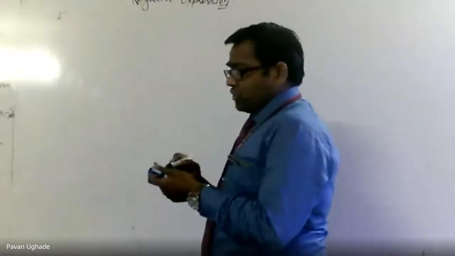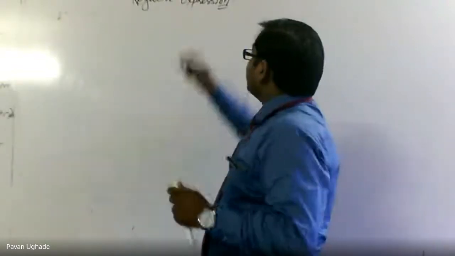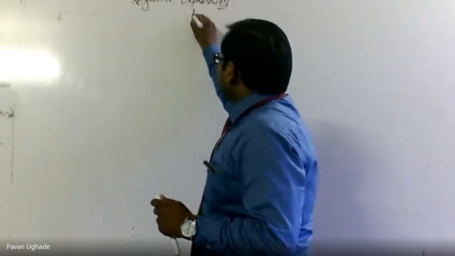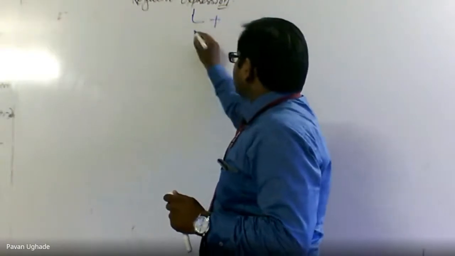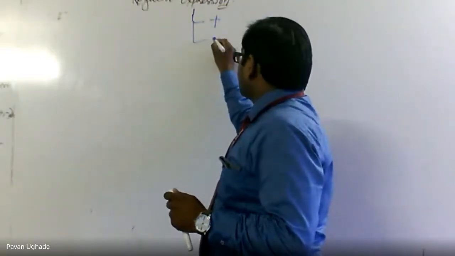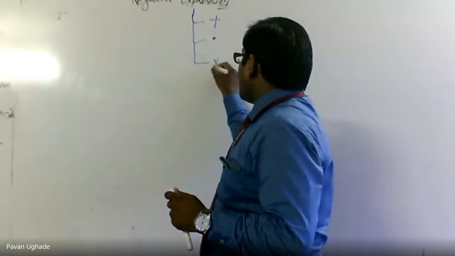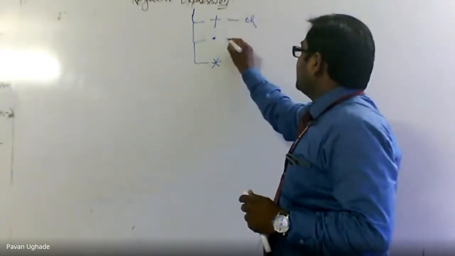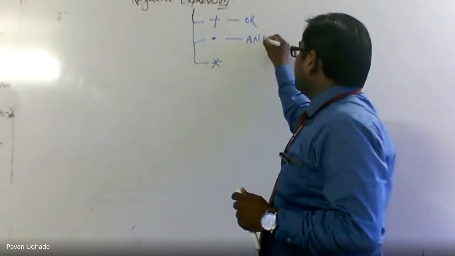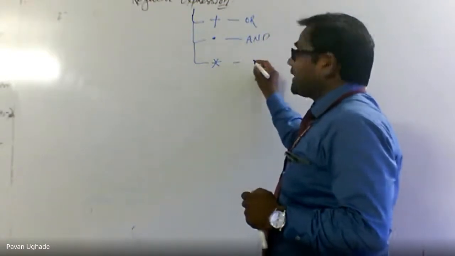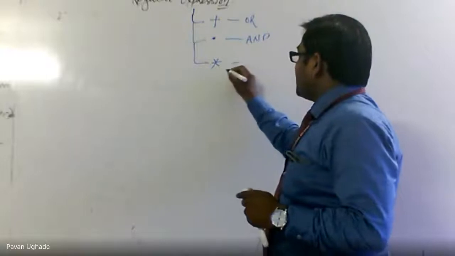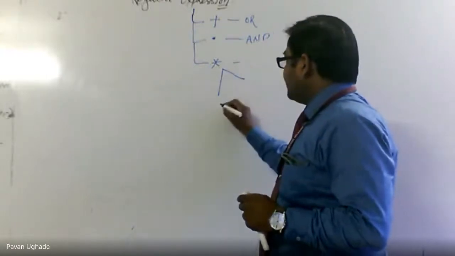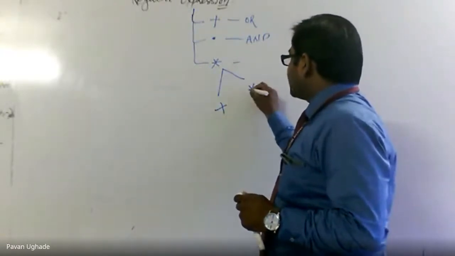The operators that we will be working on are plus, dot, and closure. Plus is also called as or. Dot is and. And closure has two flavors, that is positive and star.